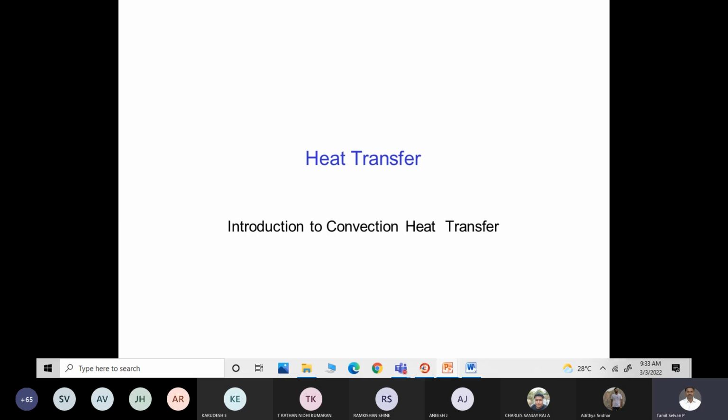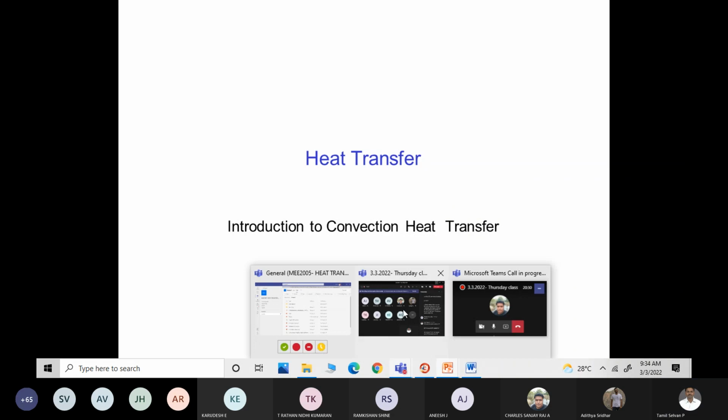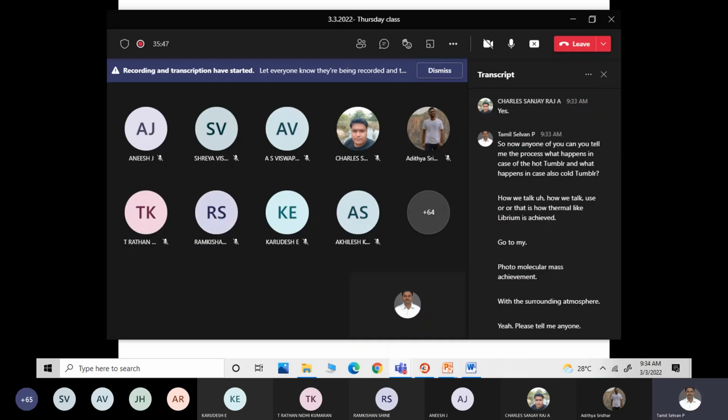How does it occur, or how is thermal equilibrium achieved with the surrounding atmospheric air? Please tell me, anyone? So many students were there.